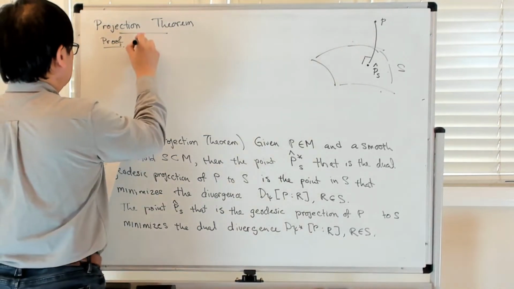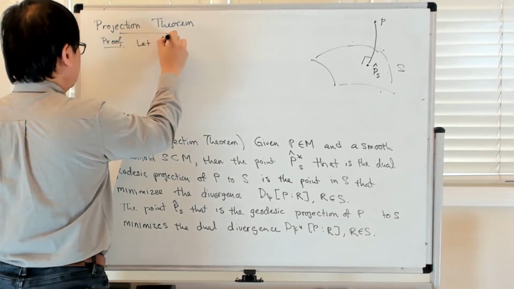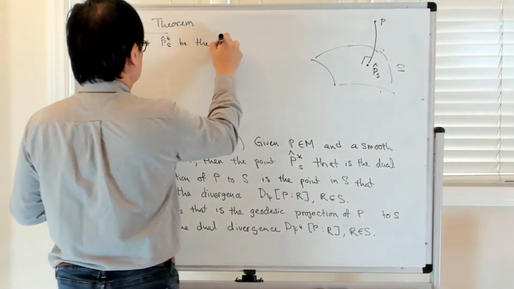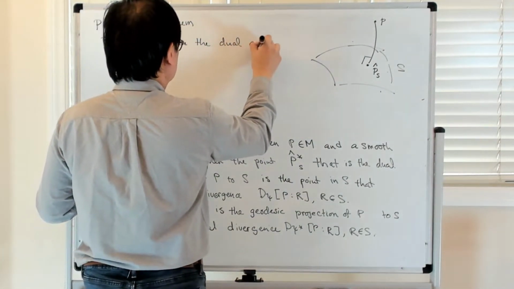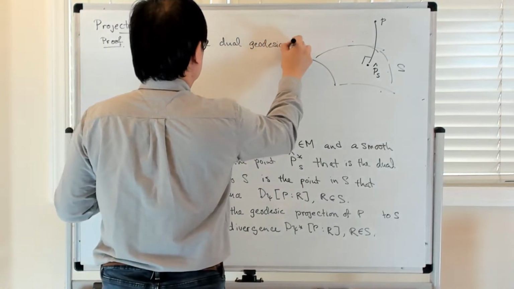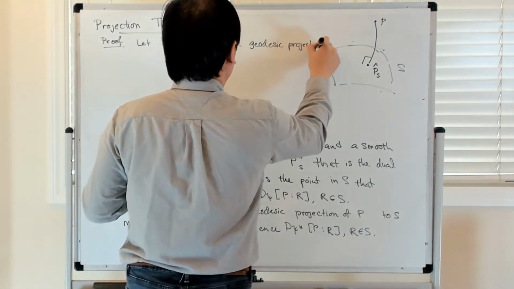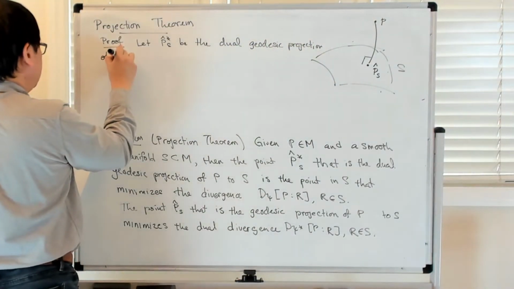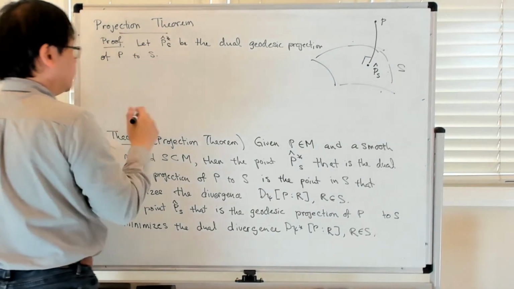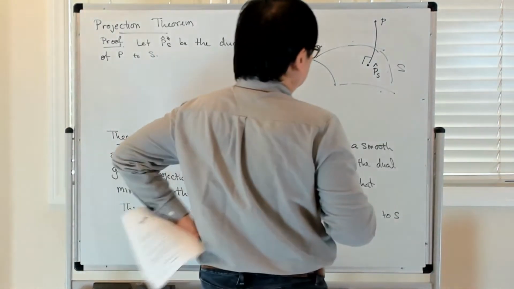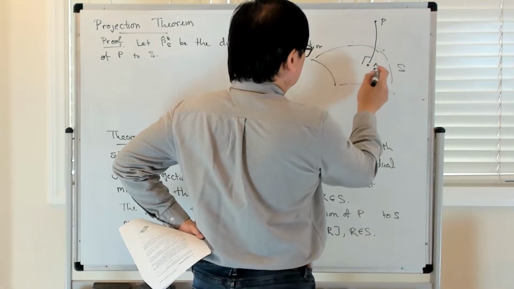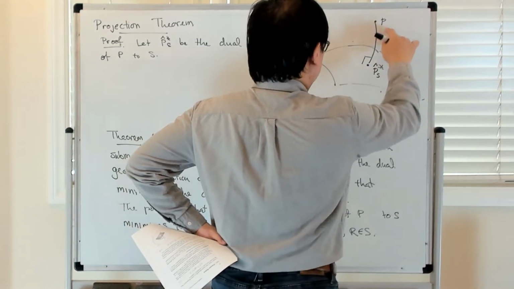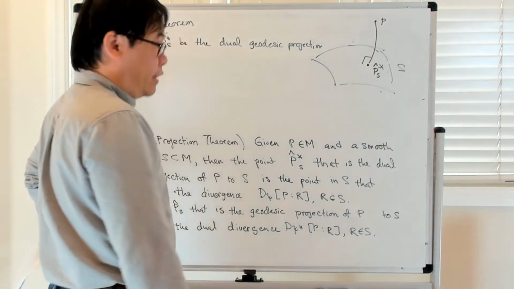Let P hat star S be the dual geodesic projection of P to S. So what that means then is that you have P to P hat star S, right?